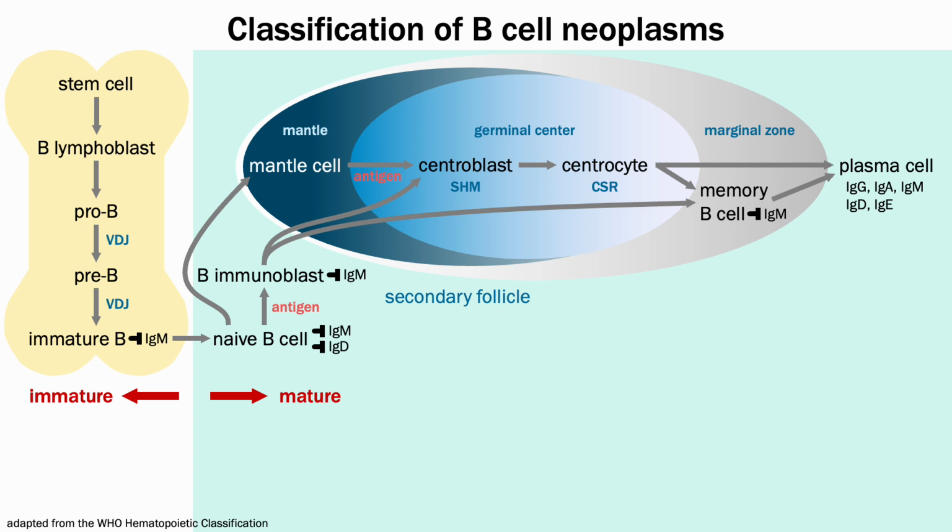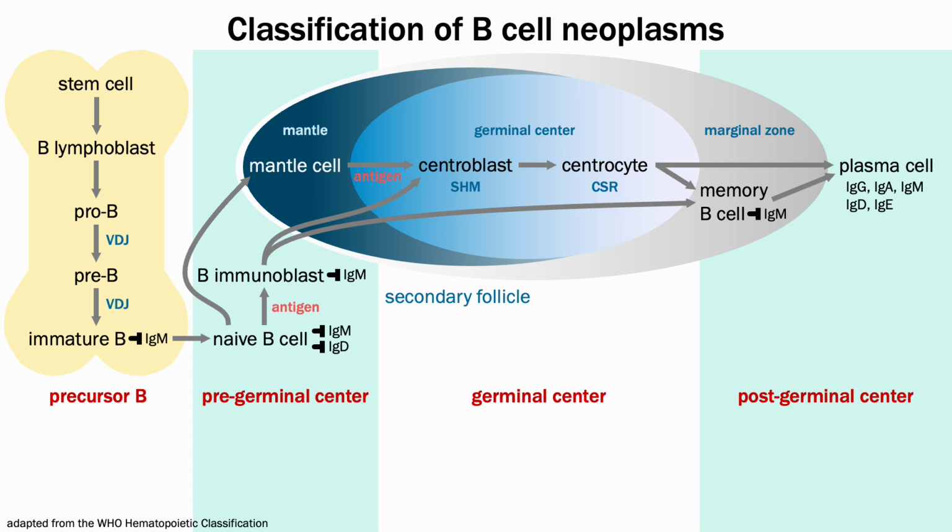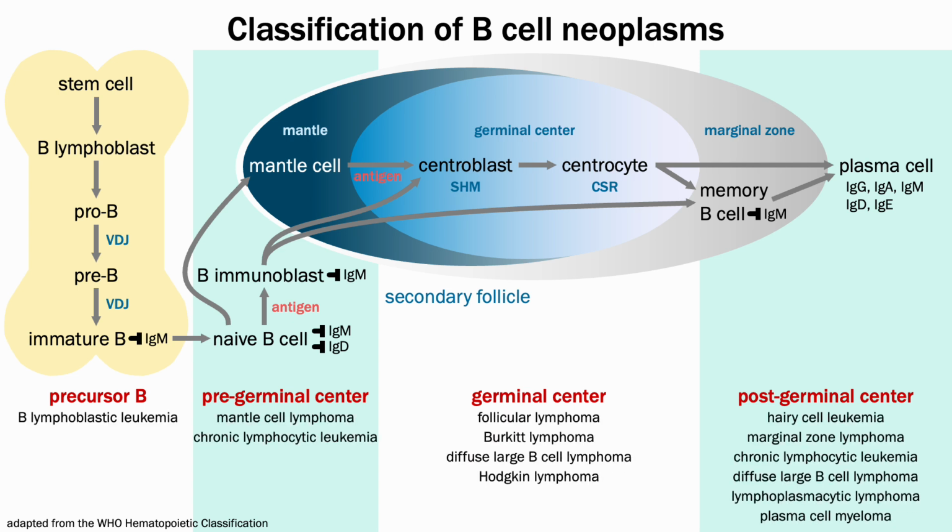Diagnostically, we divide the life of the B cell into the immature stages and the mature stages. Immature B cell neoplasms tend to behave more aggressively than, and are treated differently than, mature B cell neoplasms. We further subdivide the mature stages into pre-germinal center, germinal center, and post-germinal center. We believe that these stages of development are the points of malignant transformation for these respective B cell neoplasms.